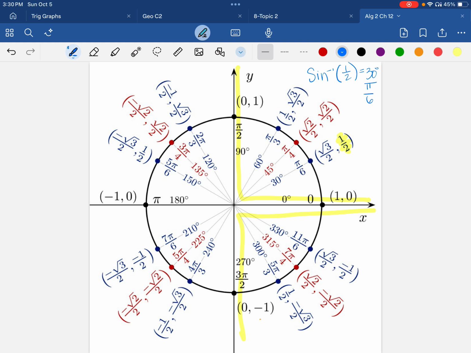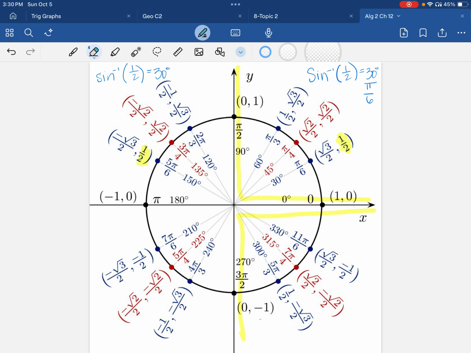If I wrote that with a lowercase s, like this, inverse sine of 1/2 like that, that would mean give me all of the angles around the unit circle, continued indefinitely, forever and ever. There's an infinite number of angles that have a sine of 1/2. It happens at 30 degrees, but it also happens at 150 degrees.